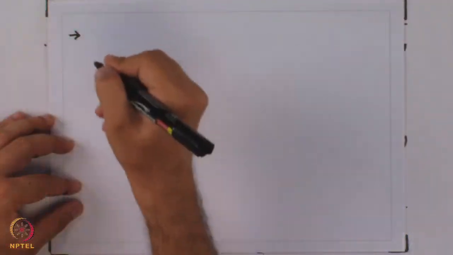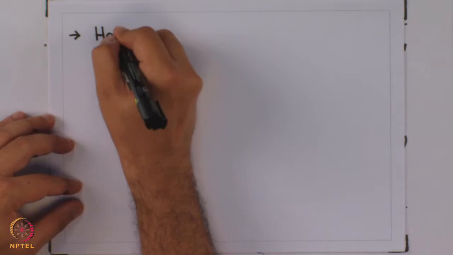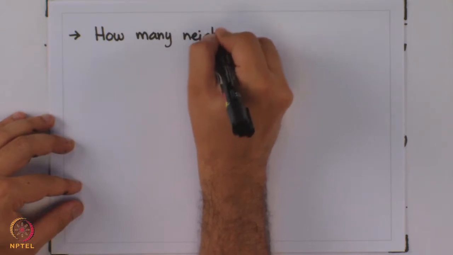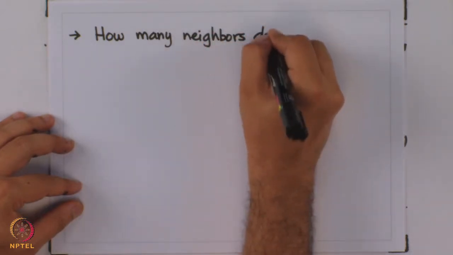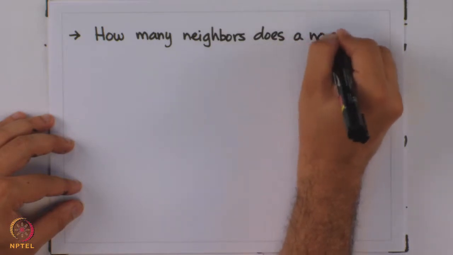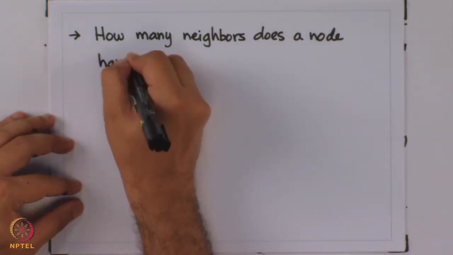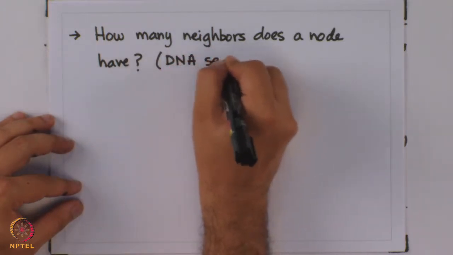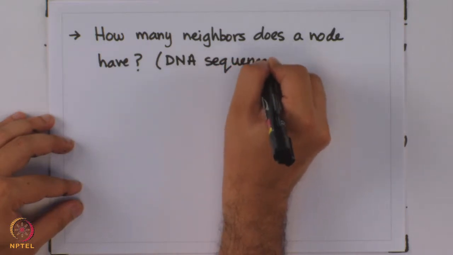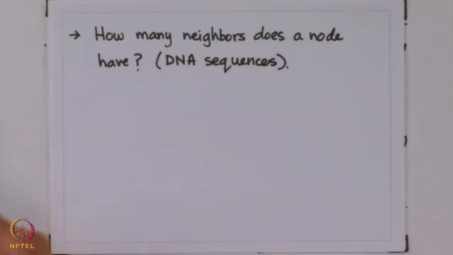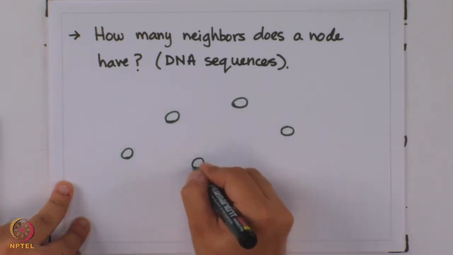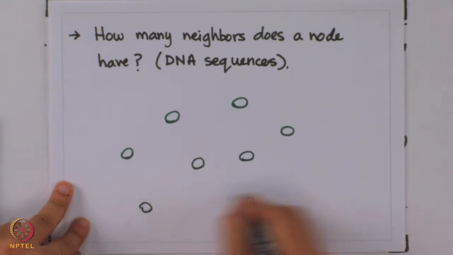I would like you to think about is how many neighbors does a node have? And let us first think in terms of DNA sequences. So, the question is that we have this nodes and edges diagram, we have a bunch of nodes, 4 to the power L nodes, and not all nodes are going to be connected to every other node.